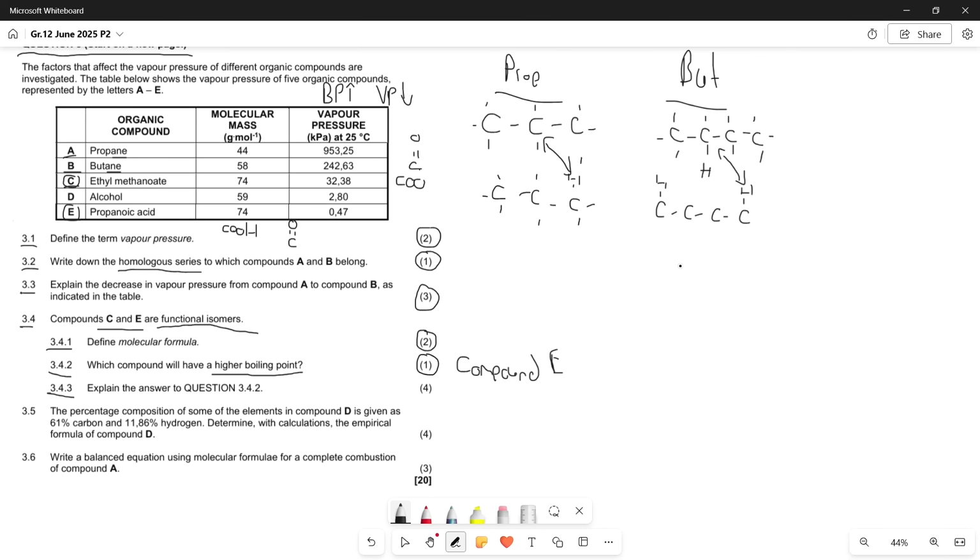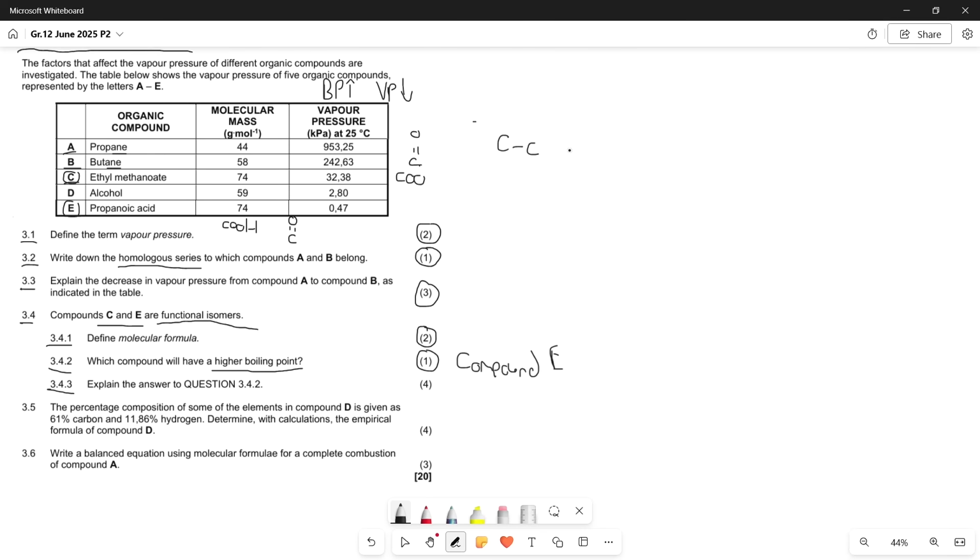So ethyl methanoate looks like this. We have meth, eth, then we have our O over there, and then we have methanoate, which means we have our C coming off there. And then we have our H's all around, and then just one more H over here. So this is our ethyl on this side, and this is our methanoate on this side, with the double bond O on the C, which is where we split up our ester.